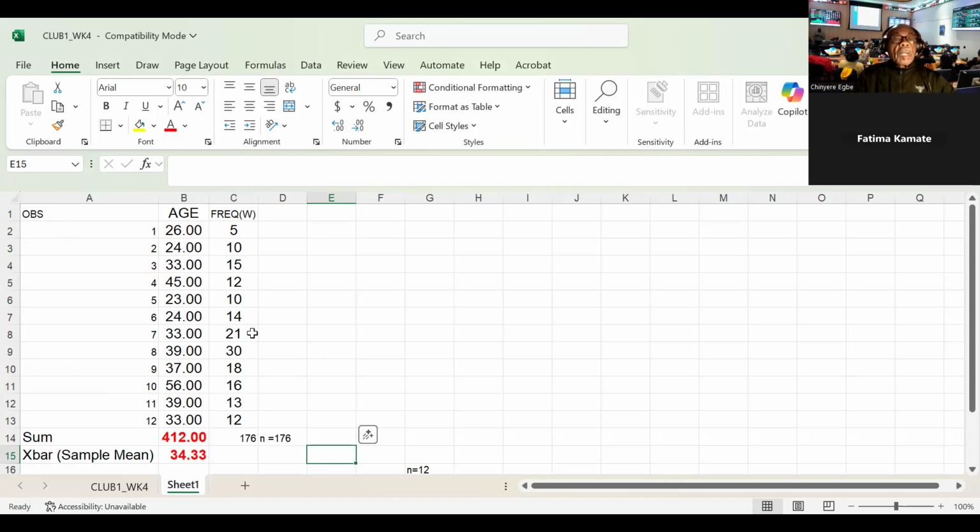Now, we are not going to just sum these values any longer to get the sample mean. What we're going to do is calculate the frequency times the value. So we have a column here we call W times X. W times X simply means the weight times the value.